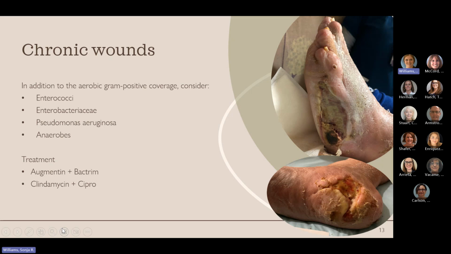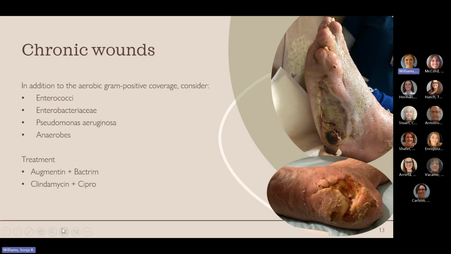Some of the treatment regimens that UpToDate recommended when you want to have coverage for gram-positive, gram-negative, as well as anaerobic bacteria, you can consider Augmentin and Bactrim, or if you're concerned about Pseudomonas, clindamycin and Cipro. So I kind of like to think of it as ABC. So Augmentin and Bactrim together, or the C and the C, the clindamycin and the ciprofloxacin.